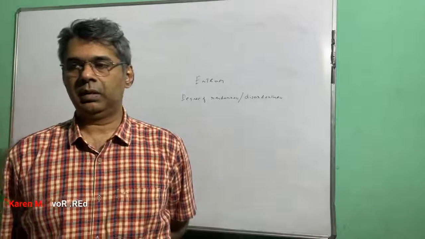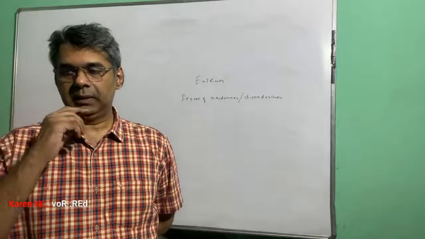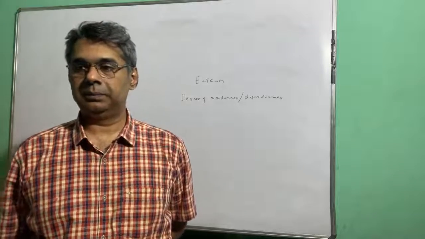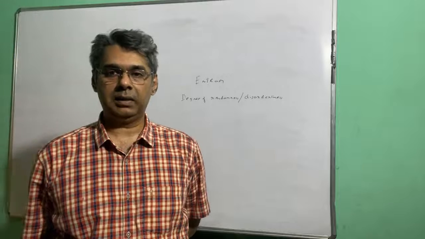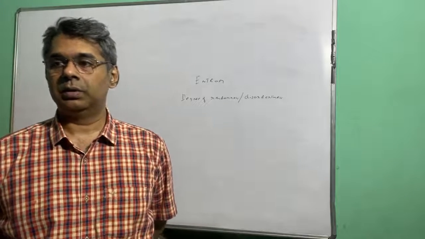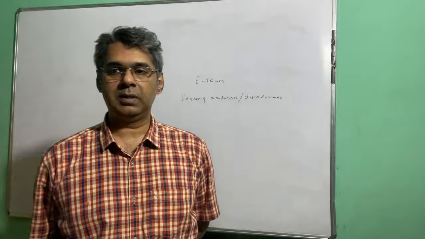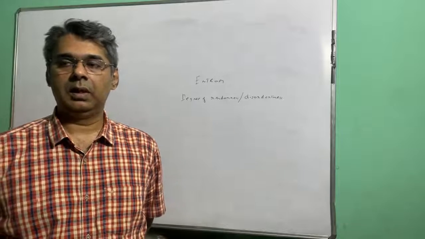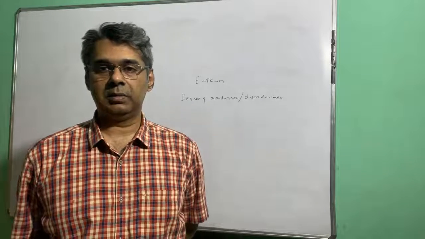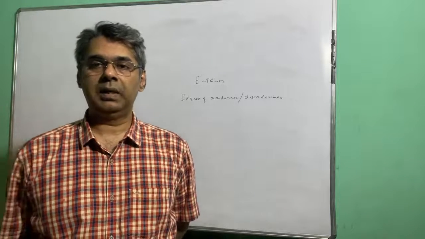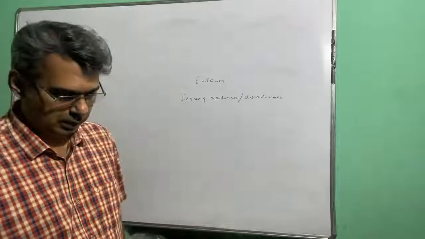So that is called entropy. So if entropy is more, that means the system is more disordered. If entropy is less, that means the system is less disordered. But we need a mathematical definition also.